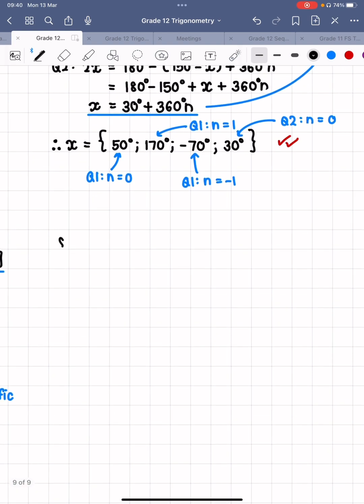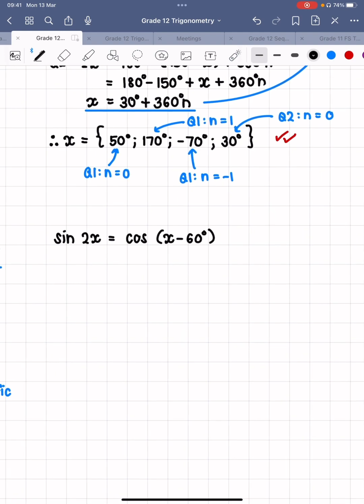So if I had sine 2x equal to cos x minus 60, please don't write this down because I don't want you to ever think that you have to do that. But if I expanded this, I would get cos x times cos 60 plus sine x times sine 60.